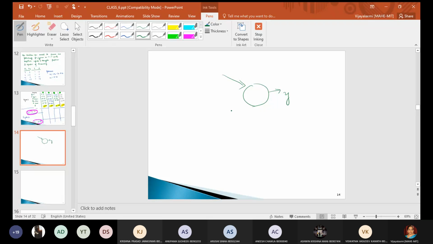After two epochs, I have got 0.43, this is 0.55, this is minus 0.38, this is my output. This is the model.